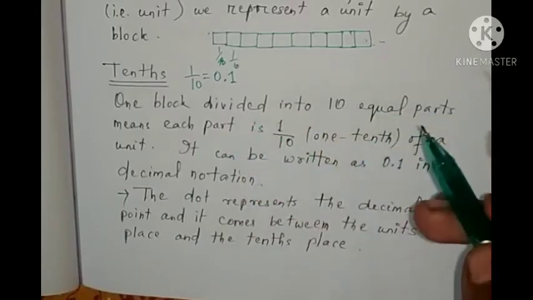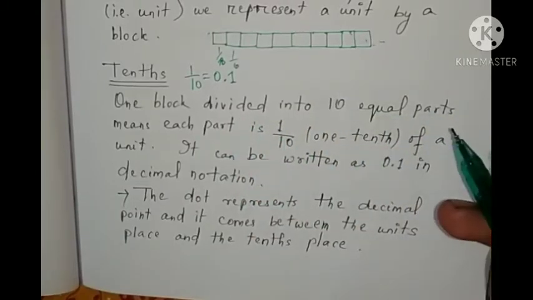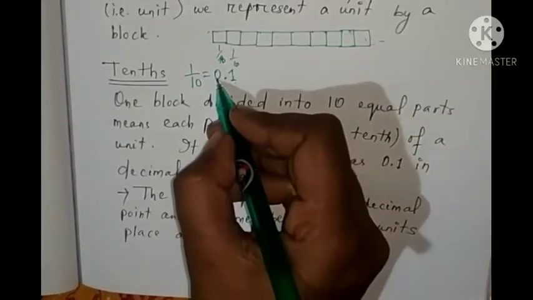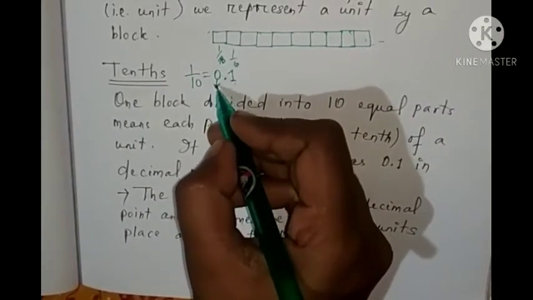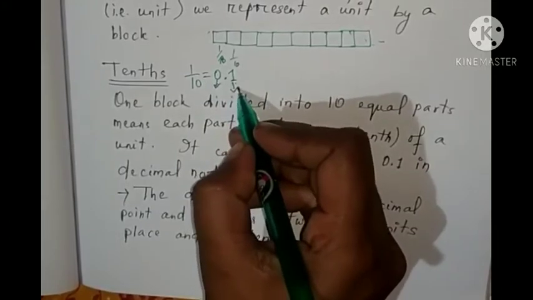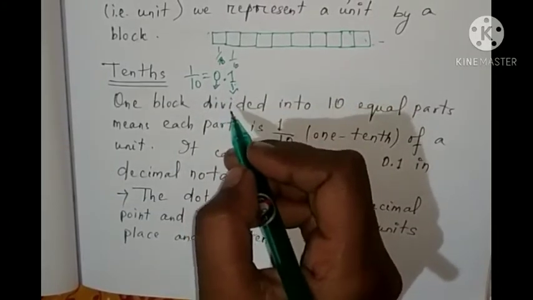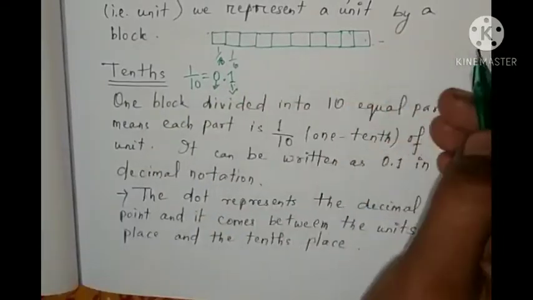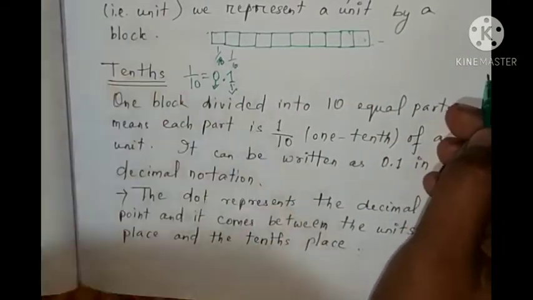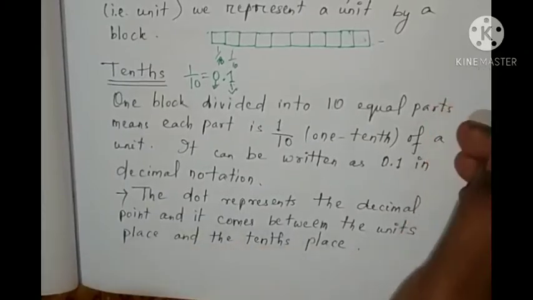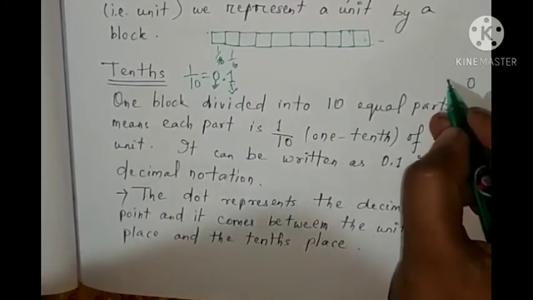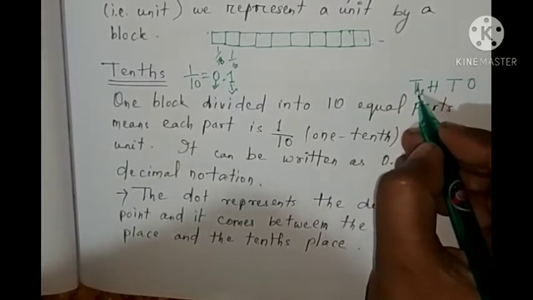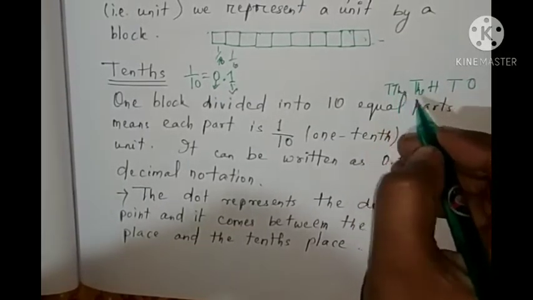Here the dot represents the decimal point, and it comes between the unit place and the tenth place. So this place is the unit place, and this place is the tenth place. We know what we have in the place value chart: ones, tens, hundreds, thousands, then ten thousands like that.